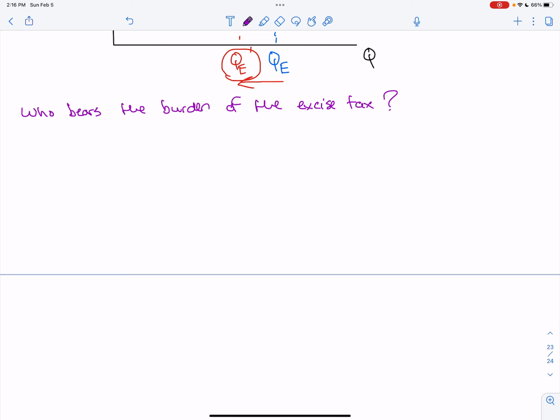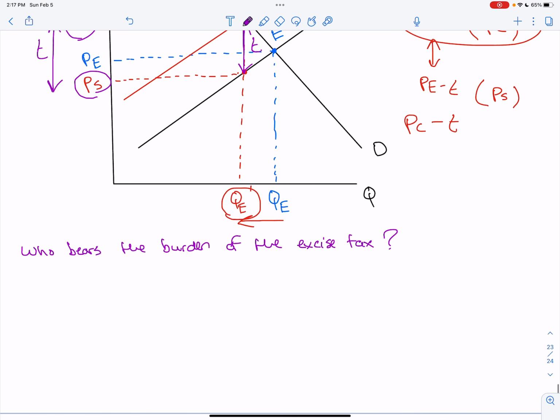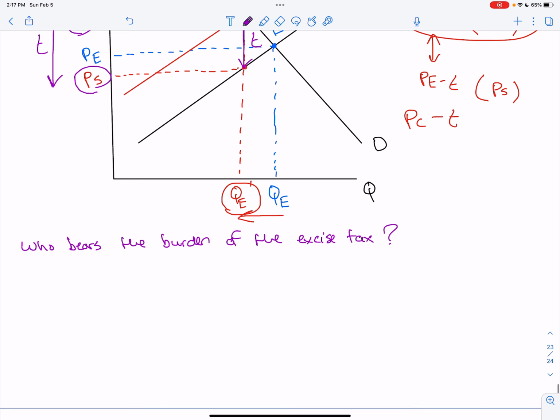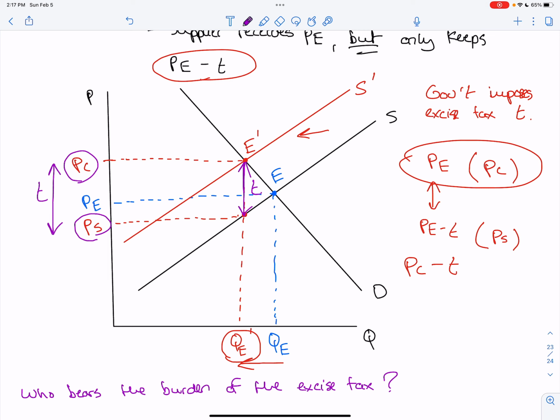What do I mean by who bears the burden? The question is, who actually suffers from the imposition of this tax? Who loses something as a result of this tax? Is it the supplier or is it the consumer?